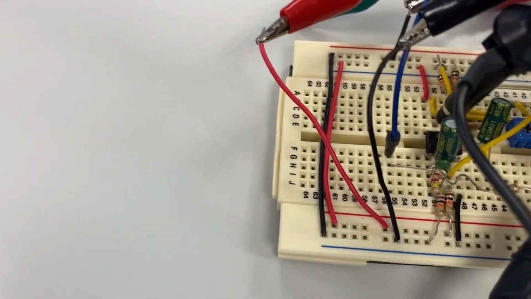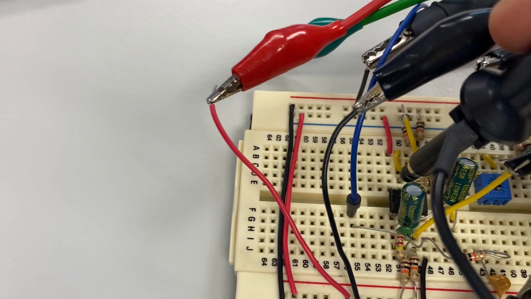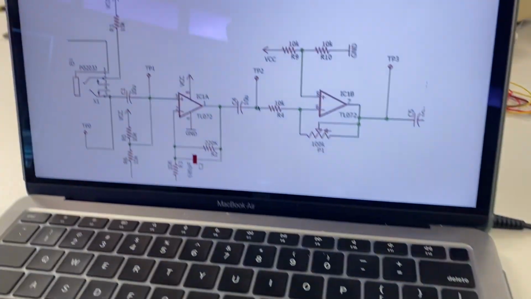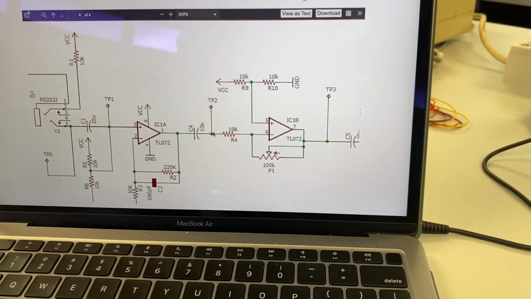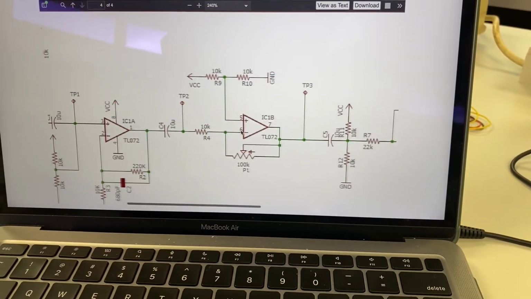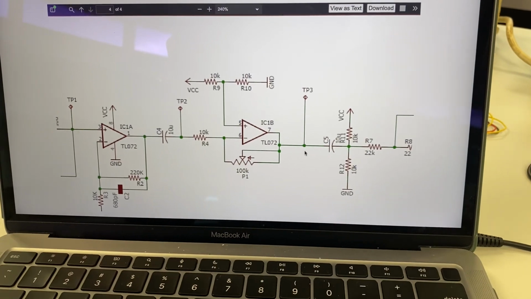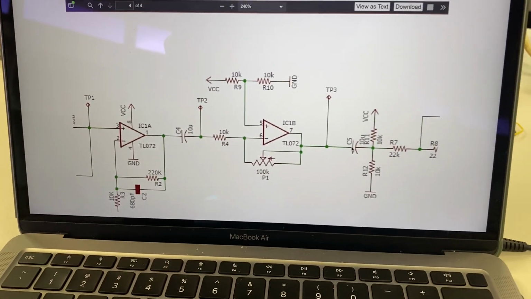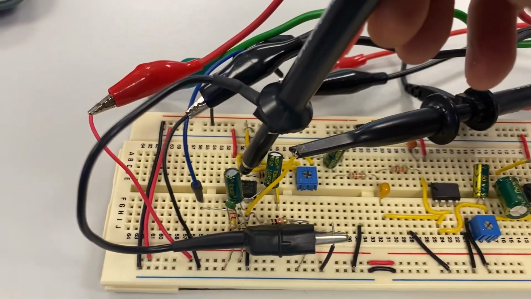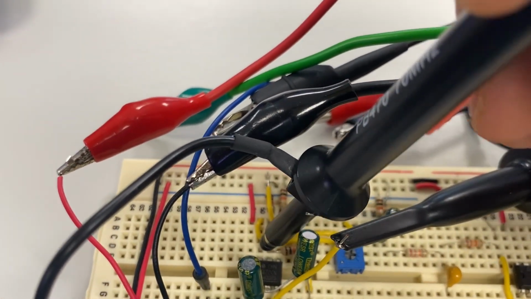For TP3, we will refer to the schematic diagram to locate the test point. TP3 is found between pin 7 of the IC and C5. This is where TP3 is found on the circuit board.